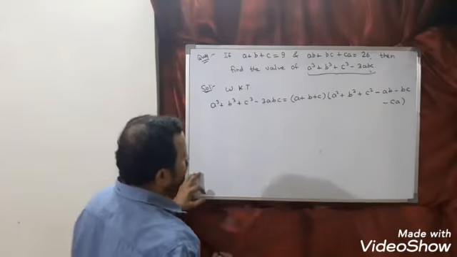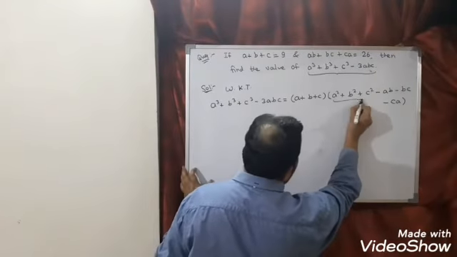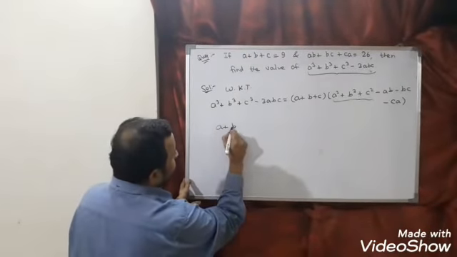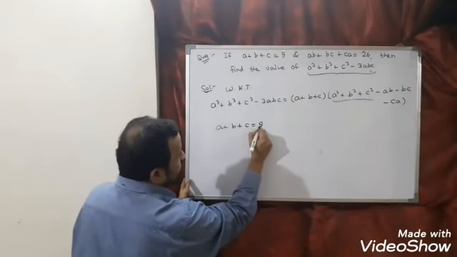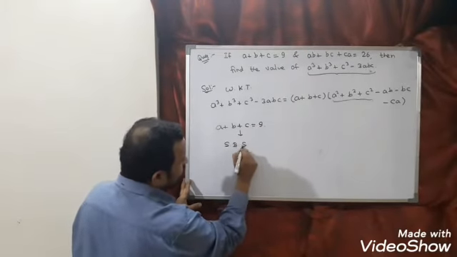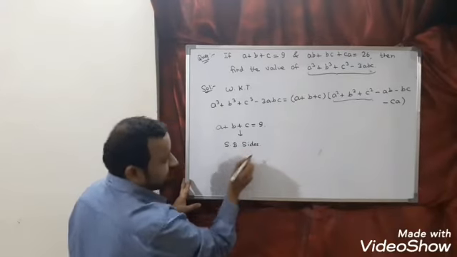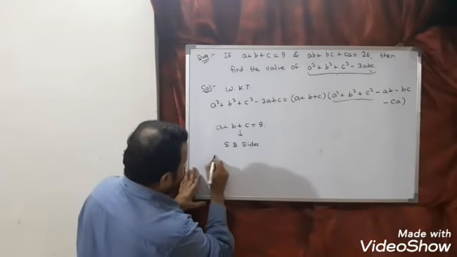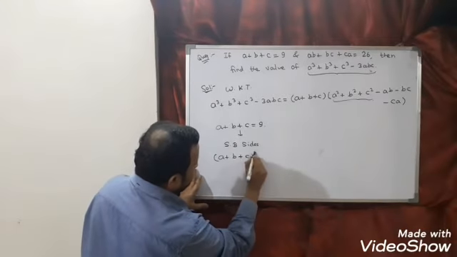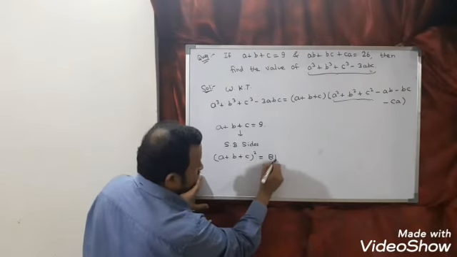Now to get this term, let us do squaring on both sides. So A plus B plus C is equal to 9. Let us do squaring both sides. Tell me what you will get. So A plus B plus C whole square is equal to 81.